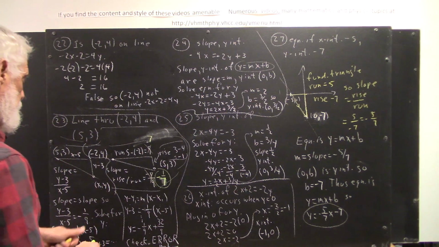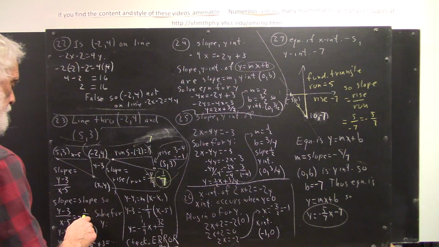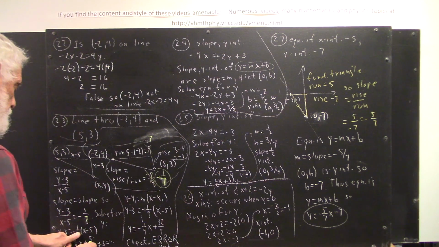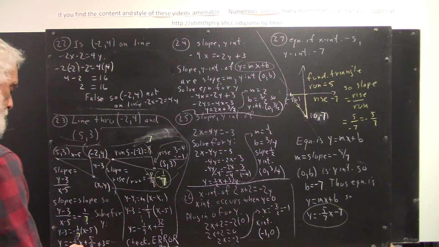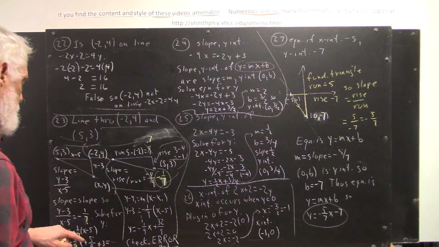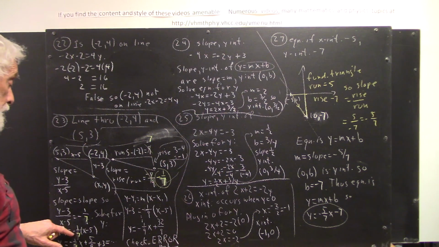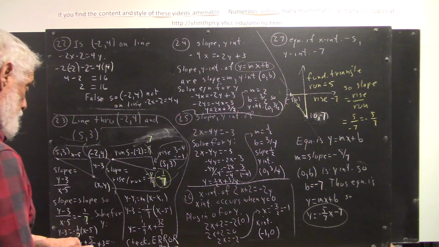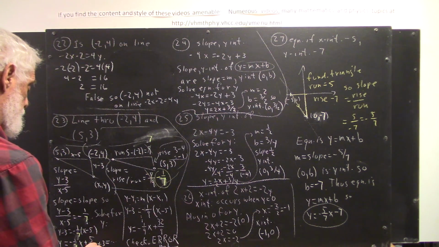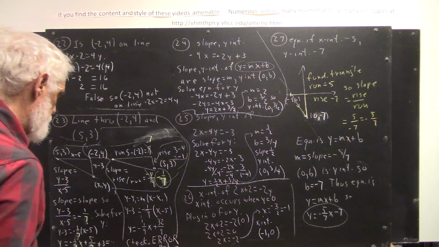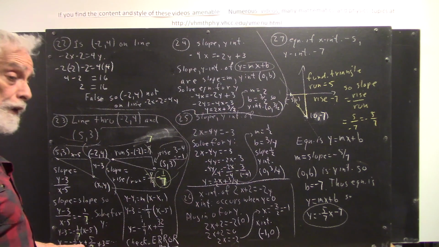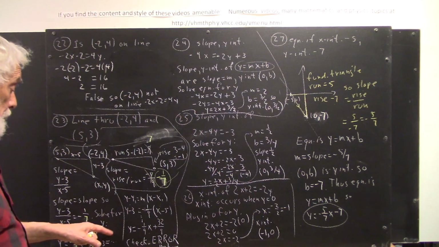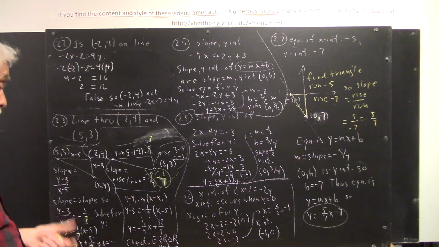So I should have had -1/7 here, and -1/7 here, which would have given me a -1/7 here. And then my 5/9 is no longer 5/9, it's -1/7 times 5, which is 5/7. Then if I add 5/7 to 3, 3 is 21/7, and 21/7 and 5/7 is 26/7.